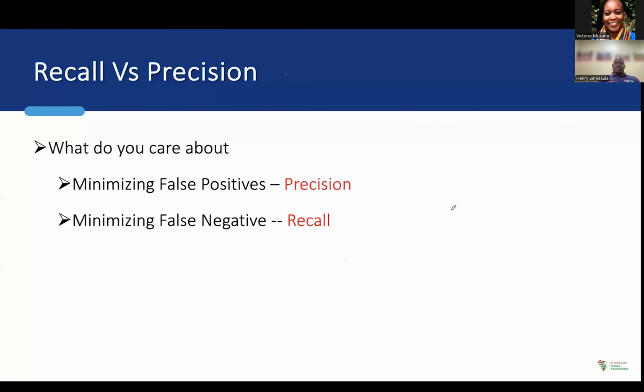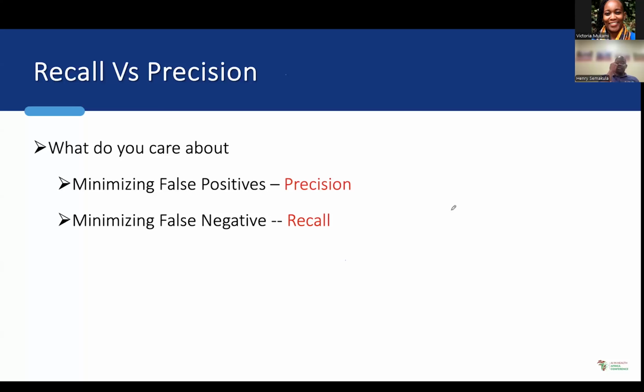Then at least we've seen what we call recall or sensitivity and precision. So why do we care a lot about these? When you look at precision, your focus should be on minimizing the number of false positives.